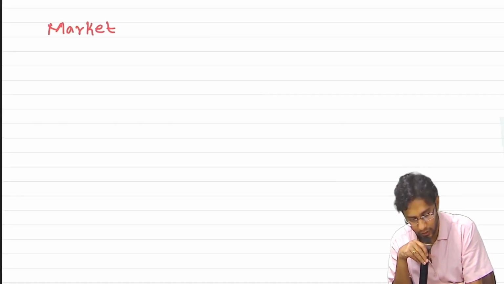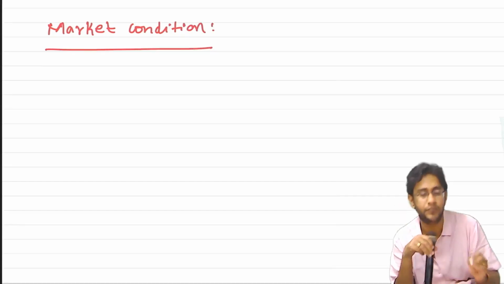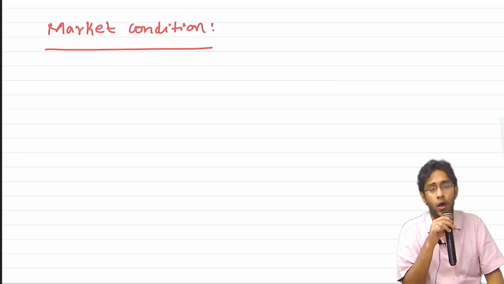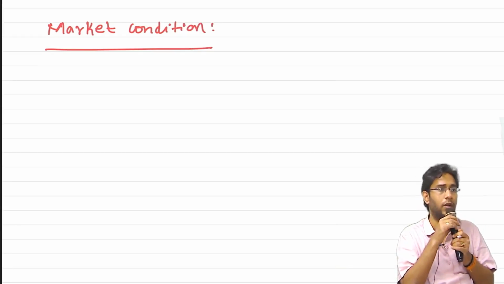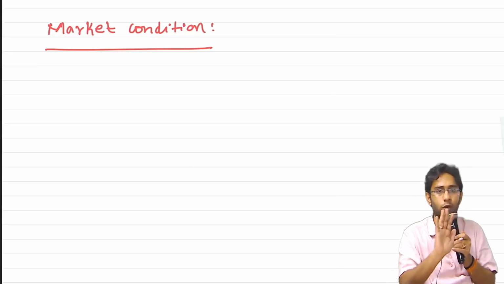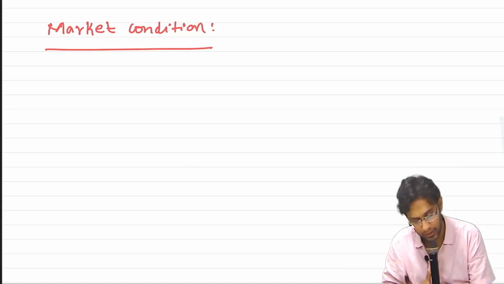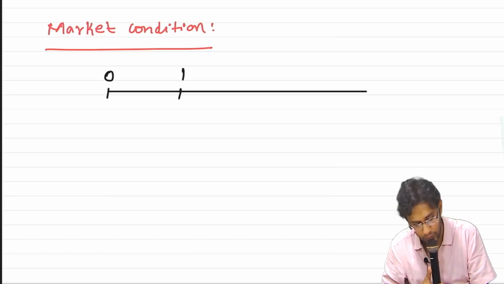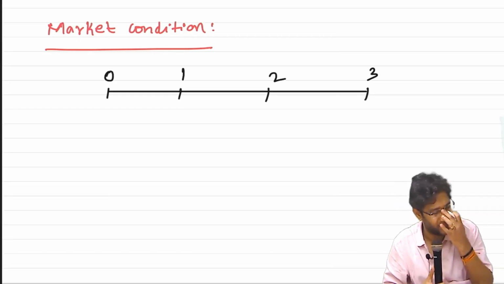This is the story of market condition. In a market condition, the company tells the employee that options can be exercised only when the share price reaches a particular target price. Otherwise, you cannot exercise the option. Let us take one easy example. Years 0, 1, 2, 3.